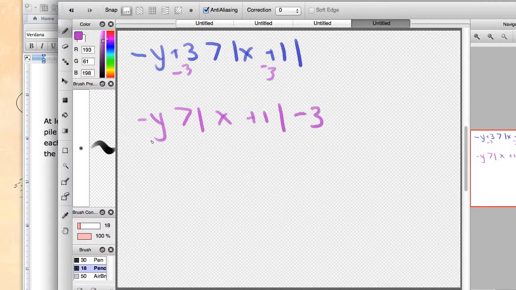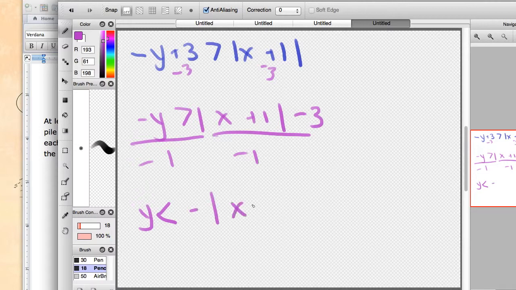Now we're going to divide it all by negative 1, which flips the sign, and we end up with y is less than negative absolute value of x plus 1, plus 3.